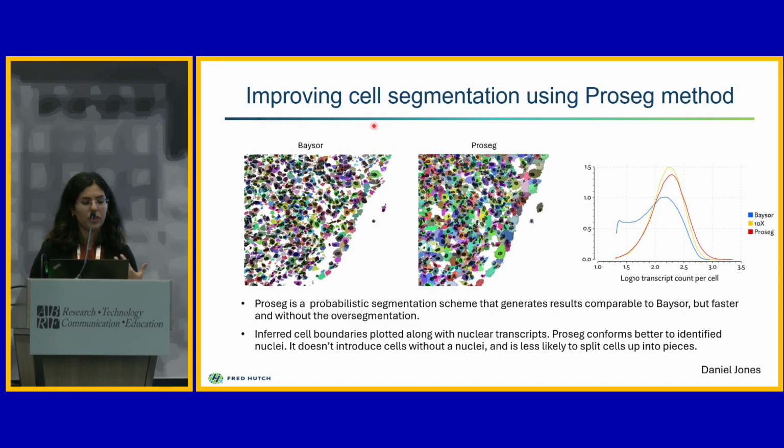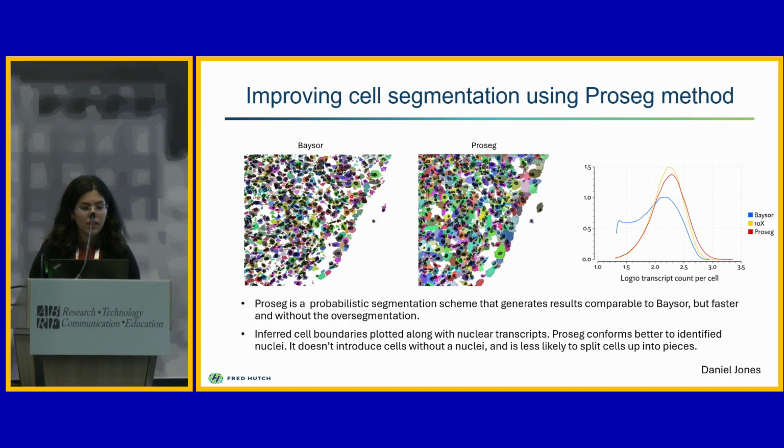If you're familiar with Baysor, which is a probabilistic method for cell segmentation, ProSeg is similar to Baysor, but it improves two main issues that Baysor has. The very first one is that Baysor takes forever to run and doesn't scale properly. If you have millions of cells, it just takes forever.